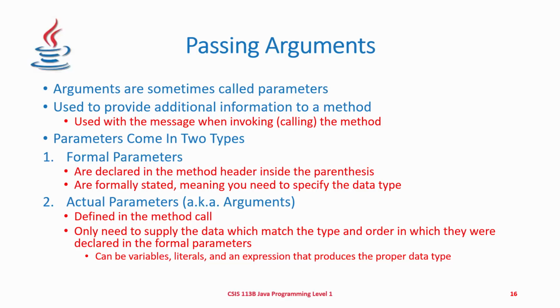Then actual parameters are these arguments that we were just talking about. So after you've created the method, then you're going to call the method somewhere in your program, and at that point you'll pass in values that you want that method to process.